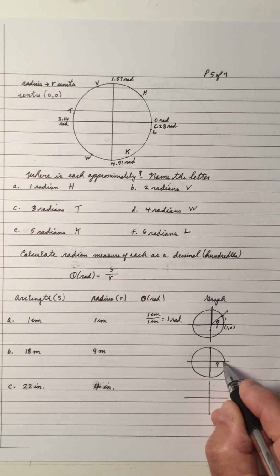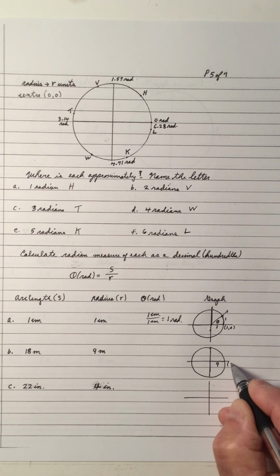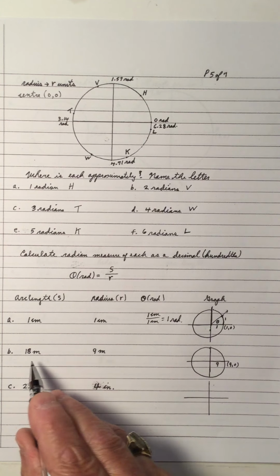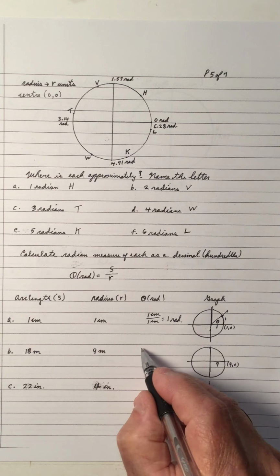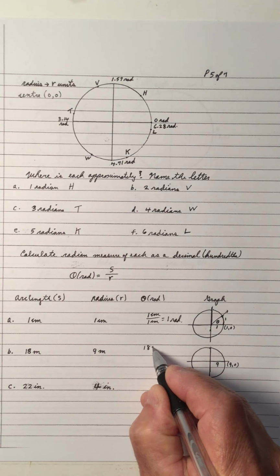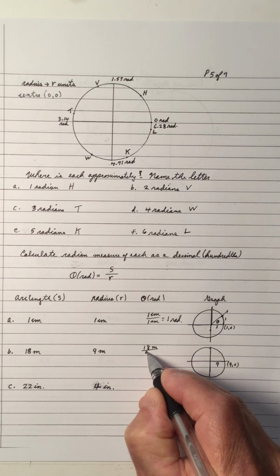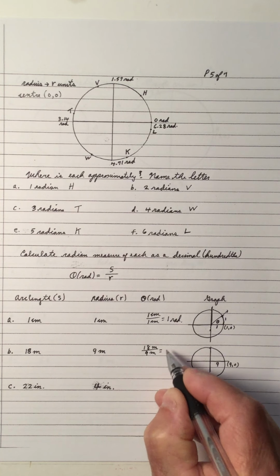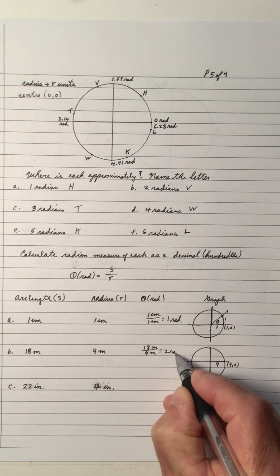If this radius is 9, then this point here is 9, 0. The arc length is 18 meters, divided by the radius of 9 meters, so we have 2 radians.